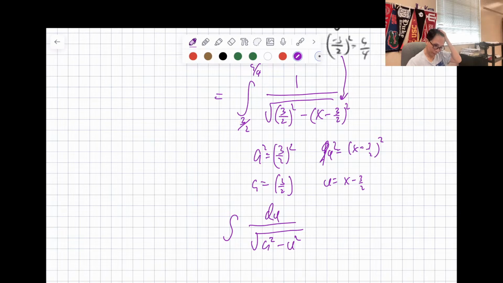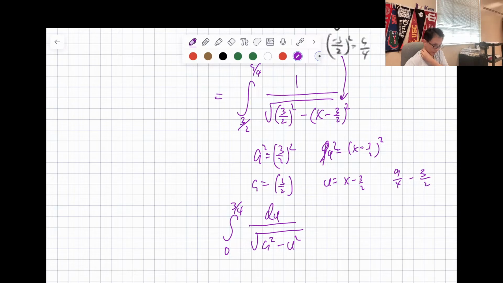Well, you plug 9 over 4 into the u. 9 over 4 minus 6 over 4, which would be 3 over 4. And for the bottom one, which was 3 over 2, that'll be 0, right?